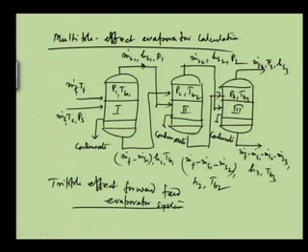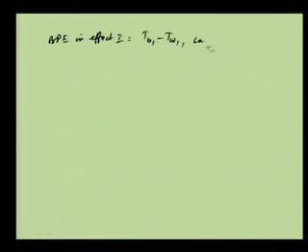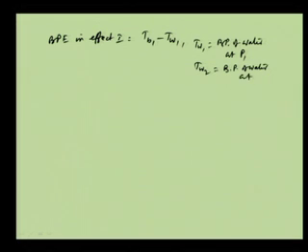And BPE, boiling point elevation in effect 1, equals Tb1 minus Tw1, where Tw1 is the boiling point of pure water at P1 pressure. Similarly, Tw2 is the boiling point of water at P2, and Tw3 is the boiling point of water at pressure P3.